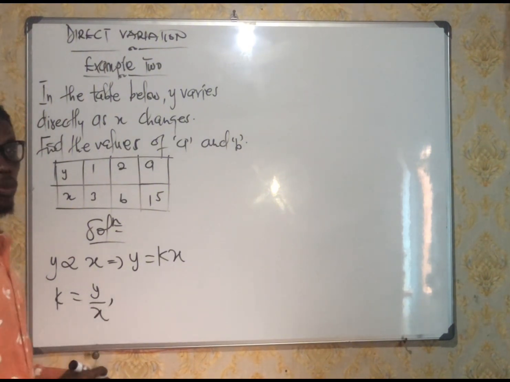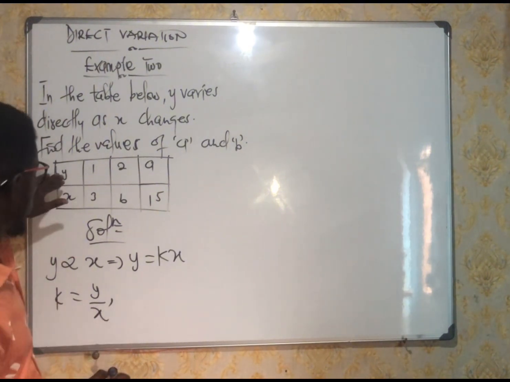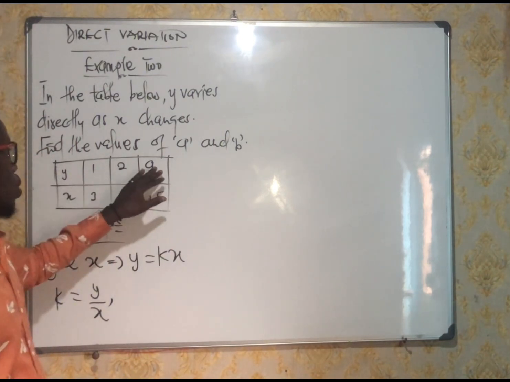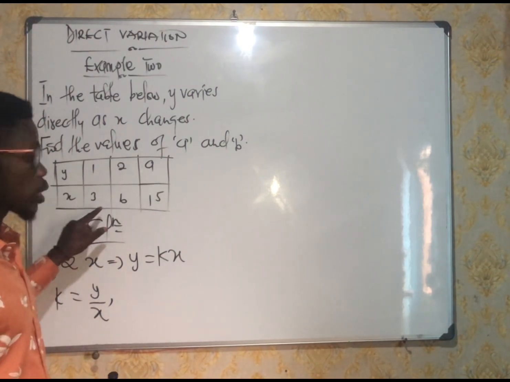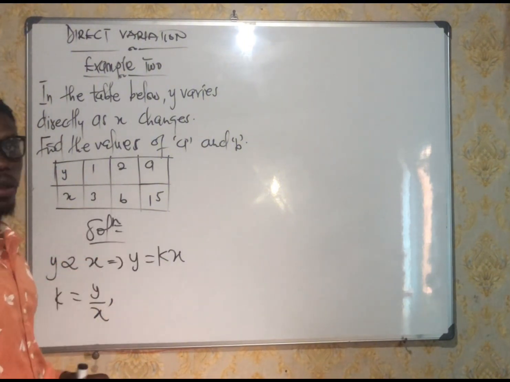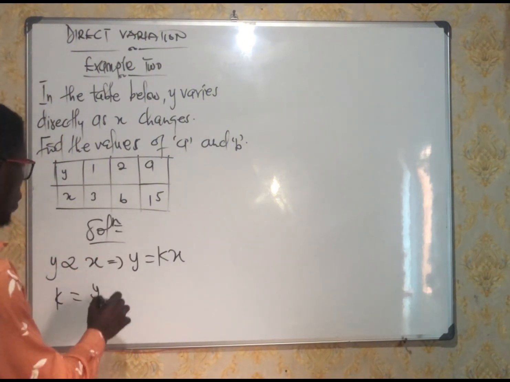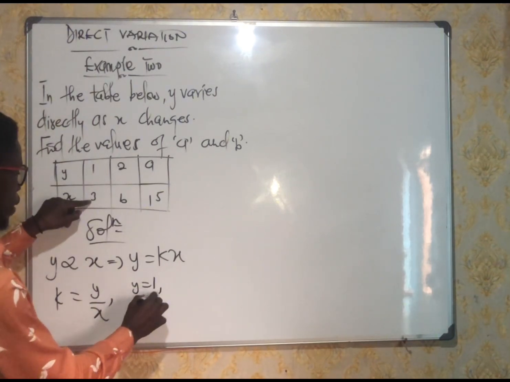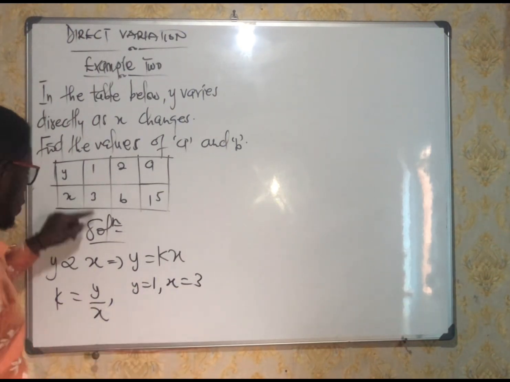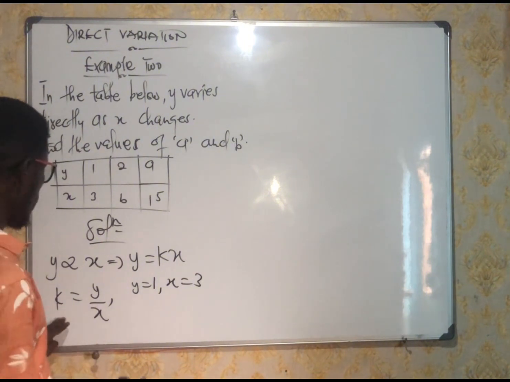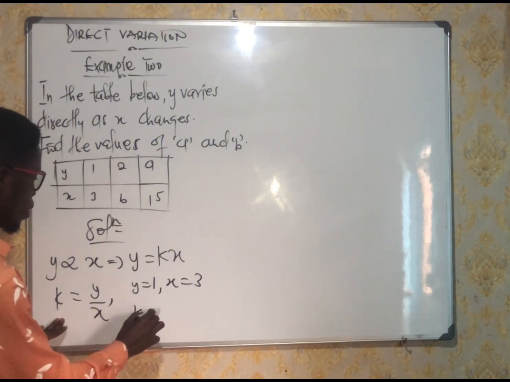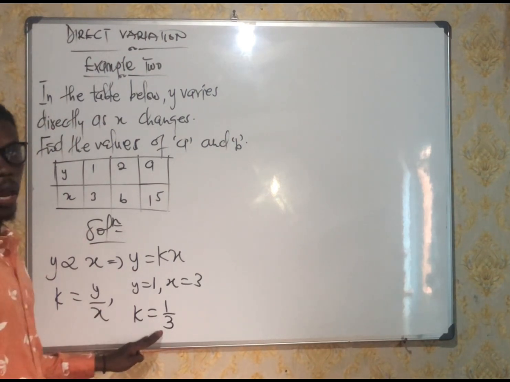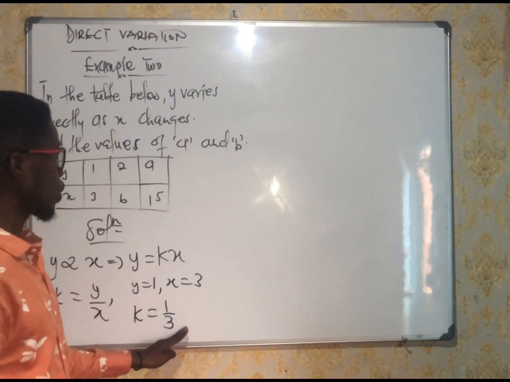So from the table, the values for y are 1, 2, and a, and the values for x are 3, b, and 15. So when I pick y to be 1, then our x will be 3. Meaning that my k will be y, which is 1, over x, which is 3. So I have my k to be 1 over 3.